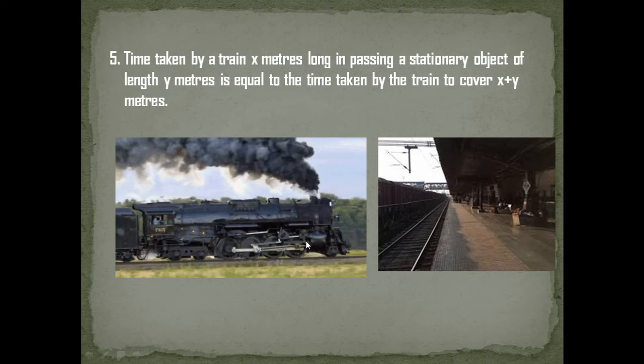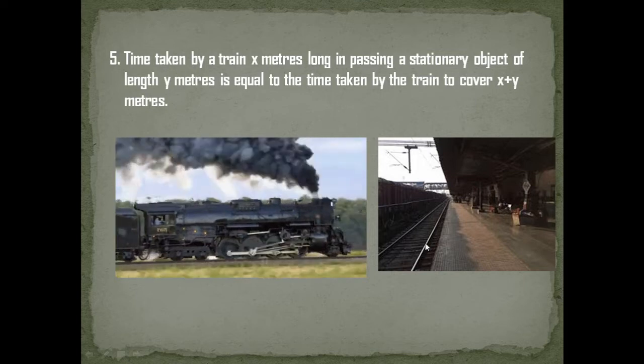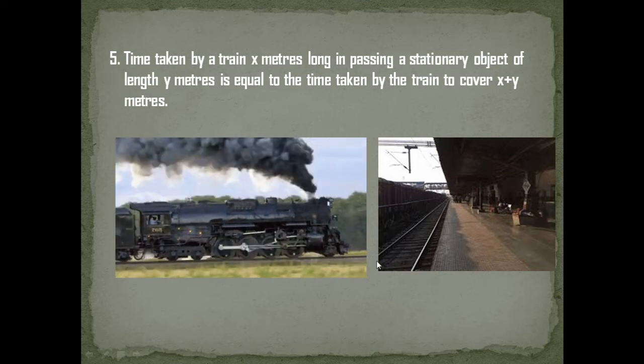The time taken to cover this station will be for x plus y, meaning the time taken for x and the time taken for covering this y both have to be added. Then only we get the time taken by the train to cover x plus y meters.